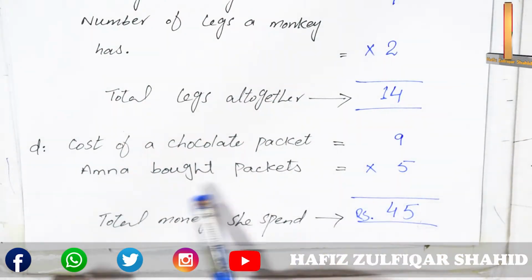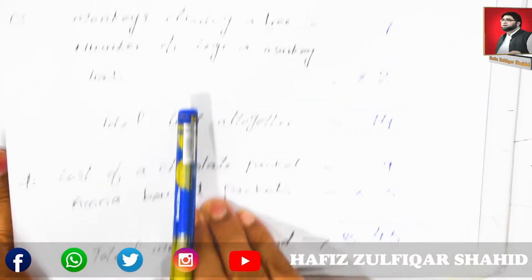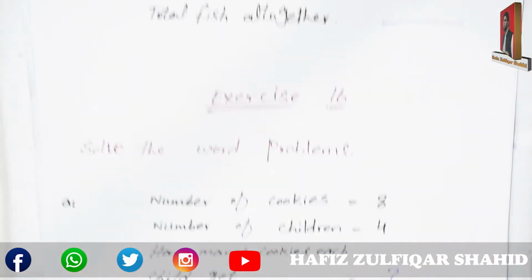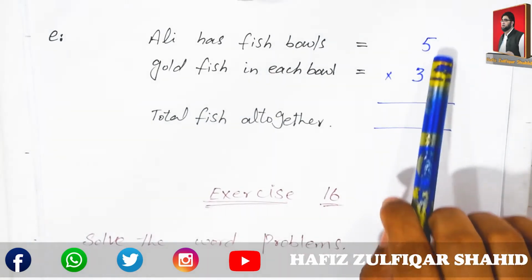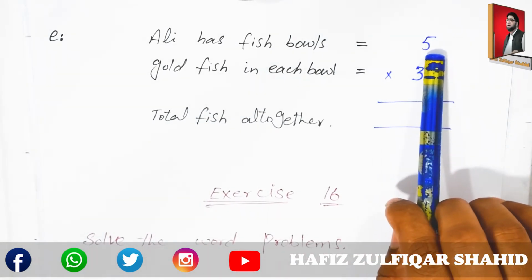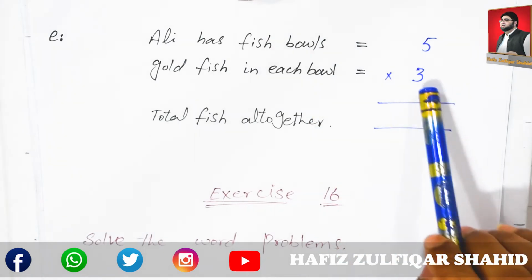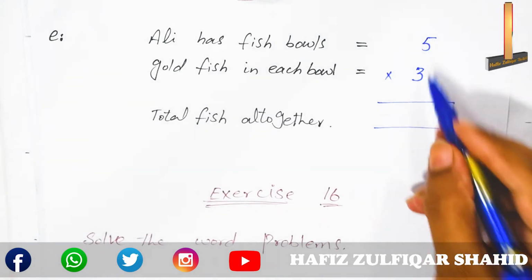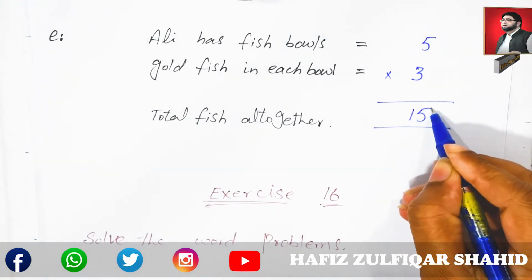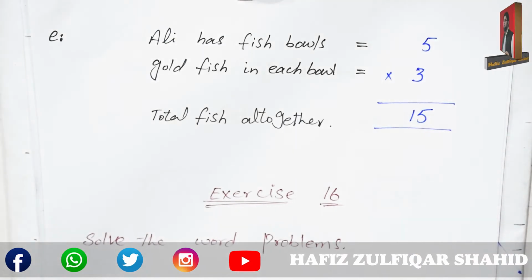How many bowls does Ali have? Ali has 5 fish bowls and the goldfish in each bowl is 3. Multiply these two numbers. 3 times 5 is 15. Total fish altogether, Ali has 15 fish in 5 bowls.